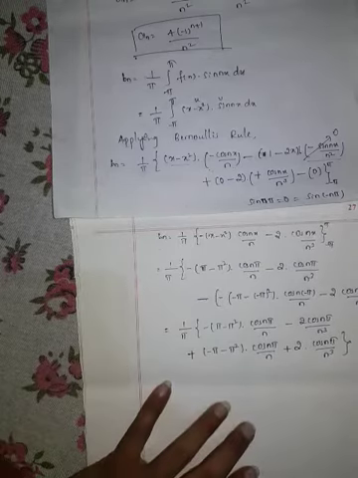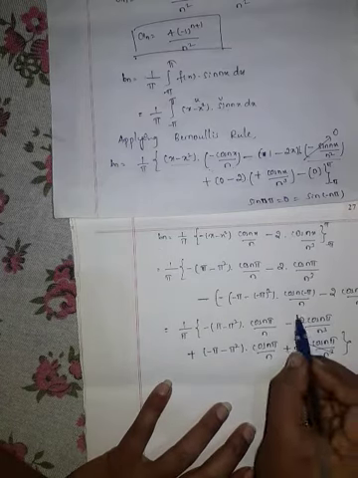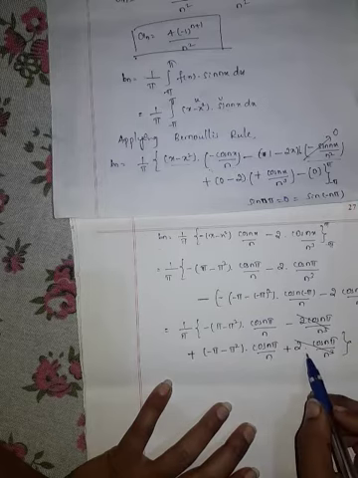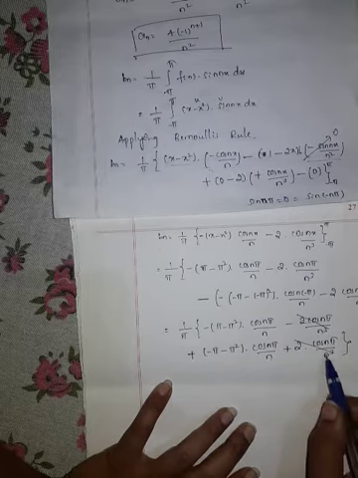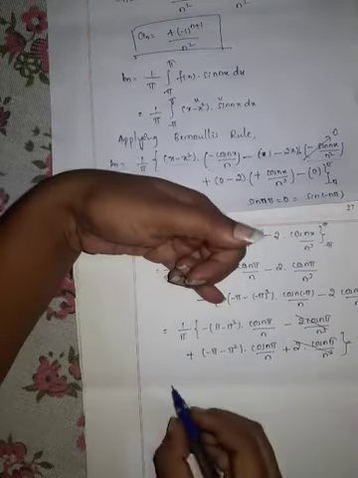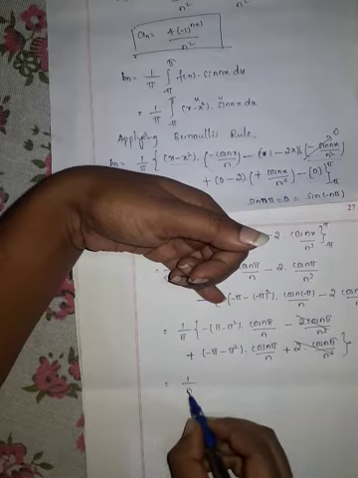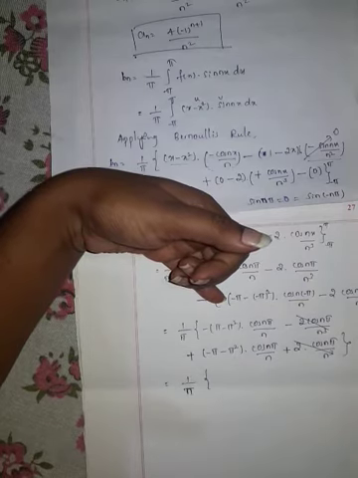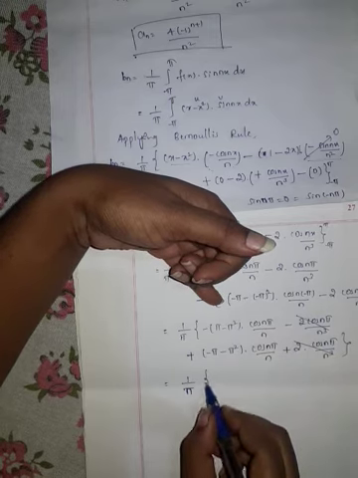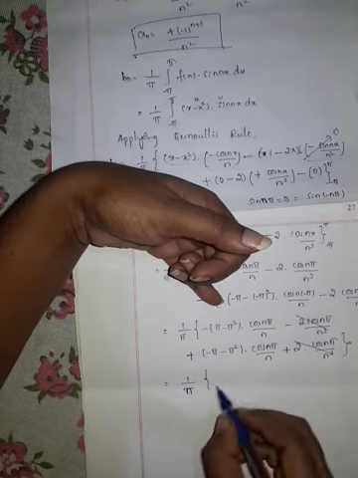Now you can see here we can cancel these two terms. Here we have minus 2 cos n pi by n cube, and here it is plus 2 cos n pi by n cube. We are left with 1 by pi as it is. From these two terms we can take cos n pi by n common outside.